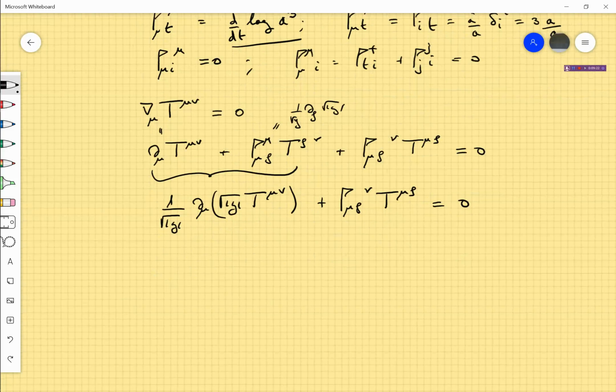This is a bit simpler than computing this, and to simplify it a bit further, we multiply everything by the square root of g.